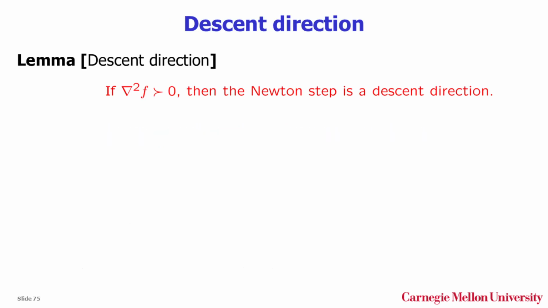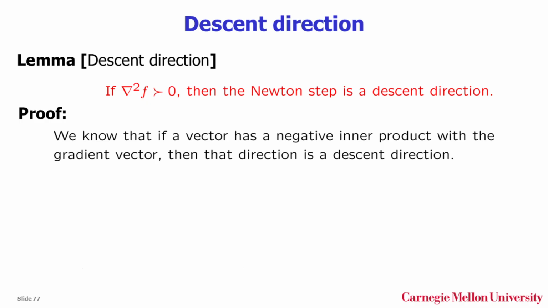This lemma states that as long as the Hessian matrix is strictly positive definite, Newton method provides a descent direction. The proof of this lemma is very simple. We know that if a vector has a negative inner product with the gradient, then it's a descent direction.